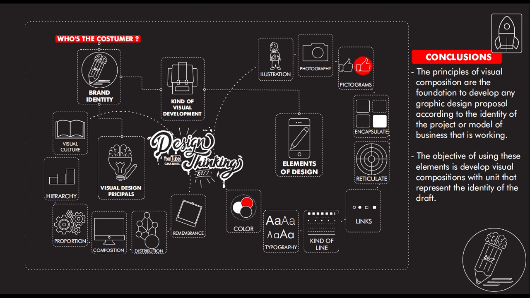The objective of using these elements is to develop a visual composition with unity that represents the identity of the brand. That is very important because it will allow you to figure out different kinds of stuff.